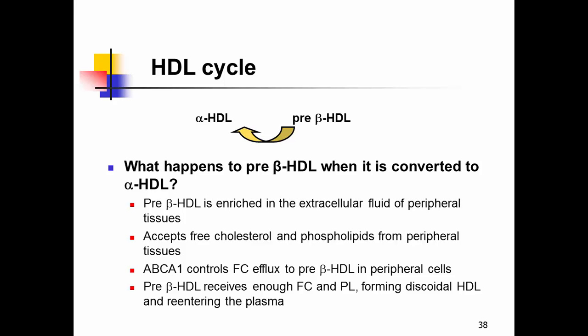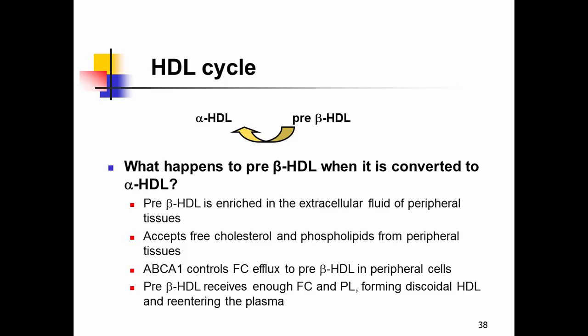And pre-beta HDL, which is synthesized initially in the liver and transported to the peripheral tissue, is very concentrated in the extracellular fluid of the tissues, right? So it means that the pre-beta HDL is more concentrated in the peripheral tissue.